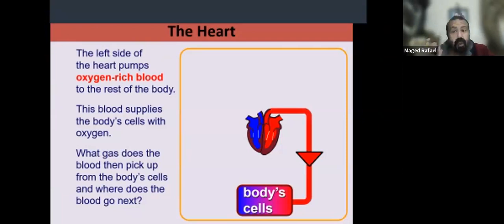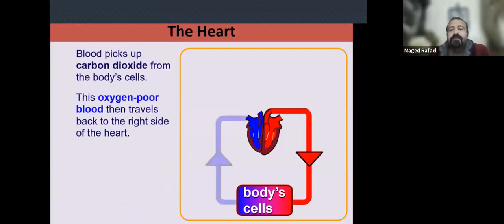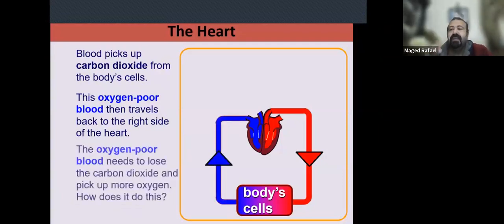It will go from the aorta to the rest of the body cells in the form of oxygenated blood. And now all of the body cells will be supplied with oxygen. After respiration, inside every single respiring tissue, blood will go back through the inferior and superior vena cava to the heart.